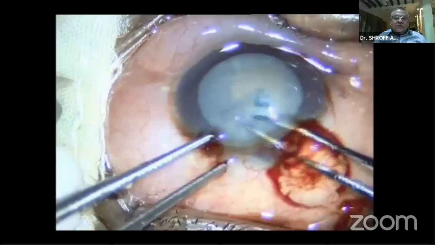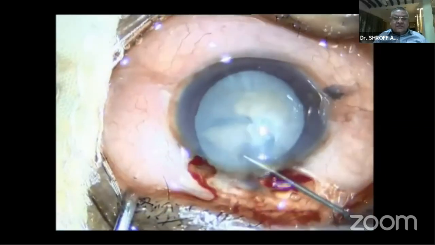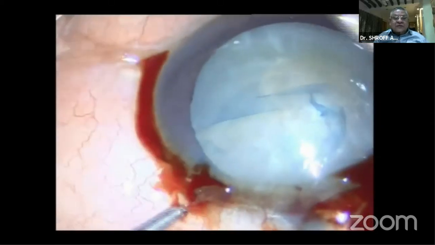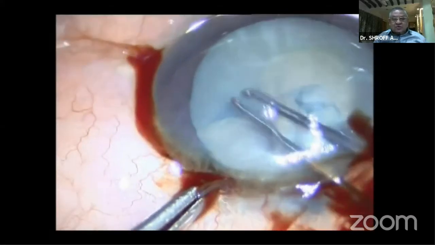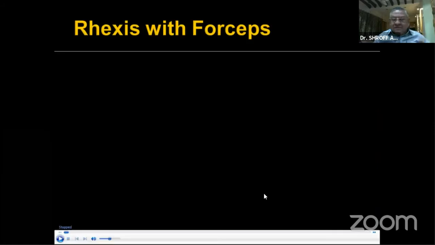Here it goes a little out of the way, but so far so good, it remains. See, then you have to inject the visco, form the chamber, and again you continue. But make sure that the rexis margin remains regular. It should not be torn or should not extend. See, this is extended, but then it's a regular axis, so there is no problem.